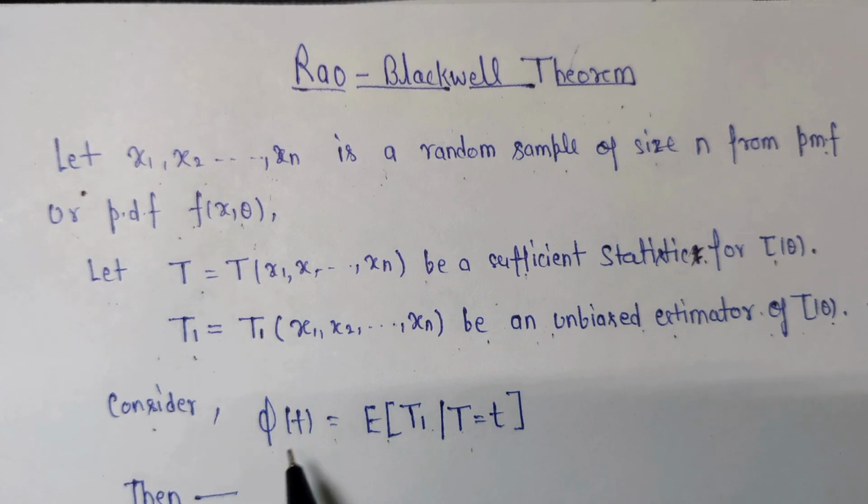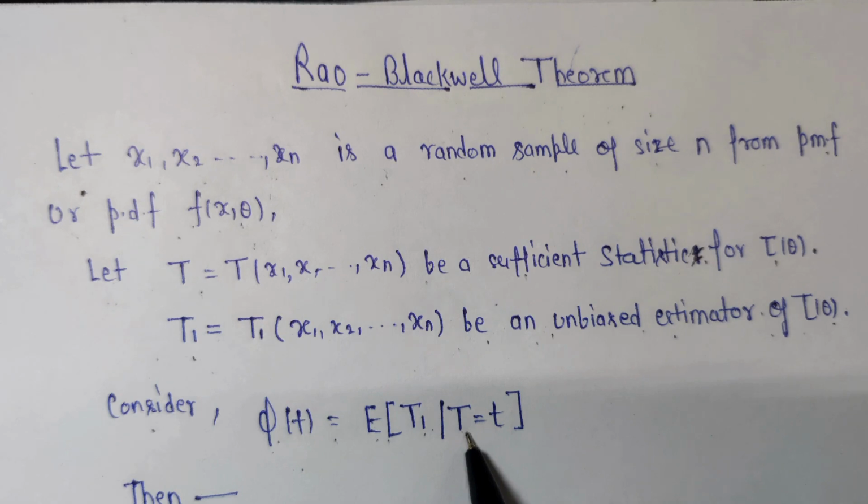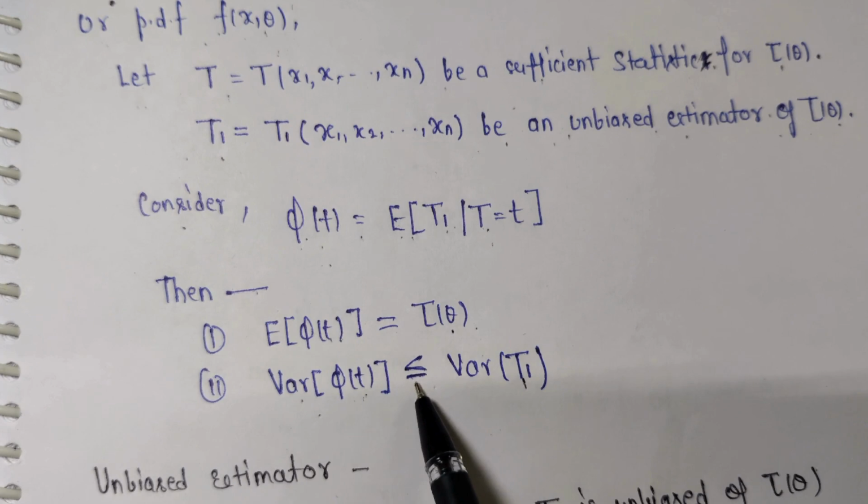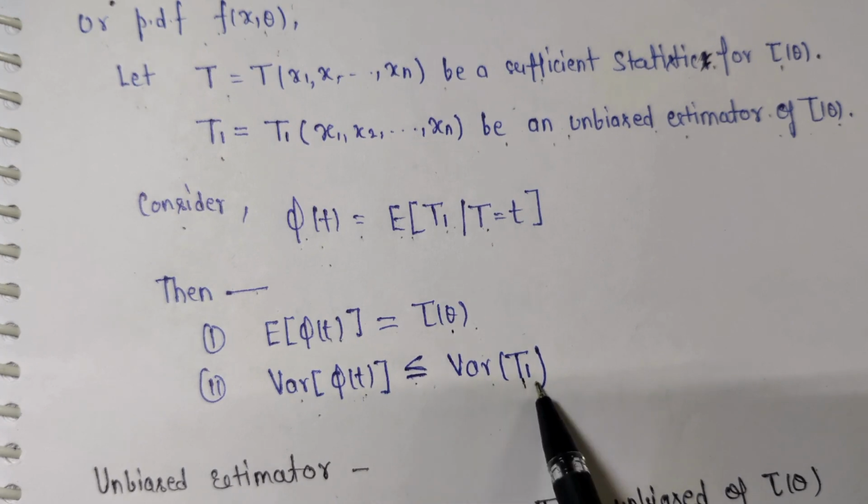Then consider phi(T) equal to the expected value of T1 conditioned on capital T. Then the expected value of phi(T) is equal to tau theta, and the variance of phi(T) is less than or equal to the variance of T1.